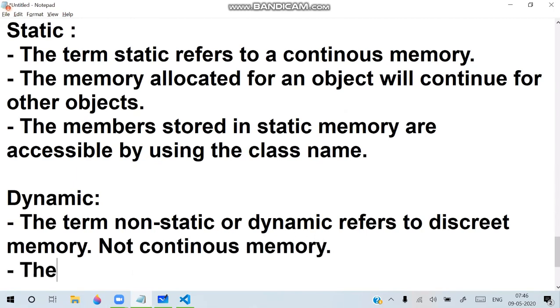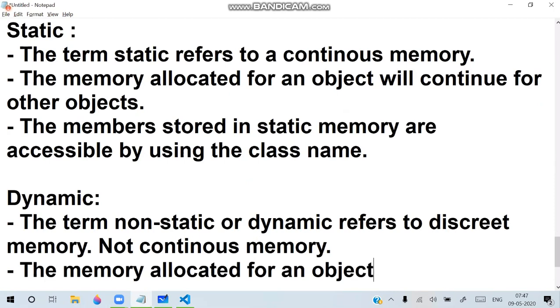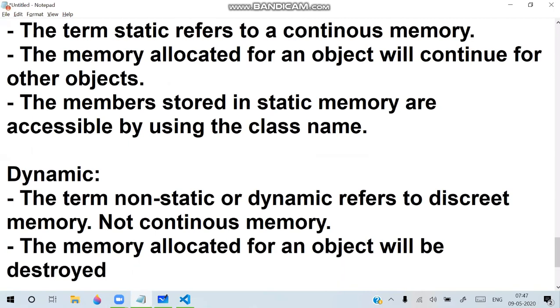That means the memory allocated for an object will be destroyed after its use.